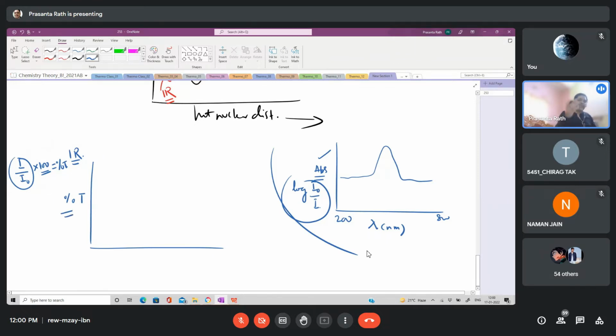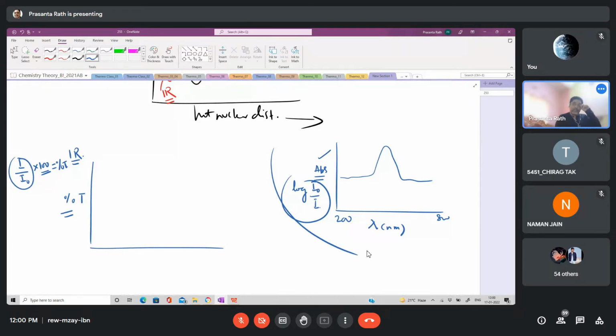आप एब्जॉर्बेंस भी प्लॉट कर सकते हो. आजकल तो सब सॉफ्टवेयर अवेलेबल है. आप एब्जॉर्बेंस में आईआर को प्लॉट कर सकते हो, ट्रांसमिटेंस में भी प्लॉट कर सकते हो. But the conventional way है, आप देखोगे कोई भी बुक ओपन करके आर्बिट्रेरिली देखो, सभी परसेंटेज ट्रांसमिटेंस में प्लॉट होता है.